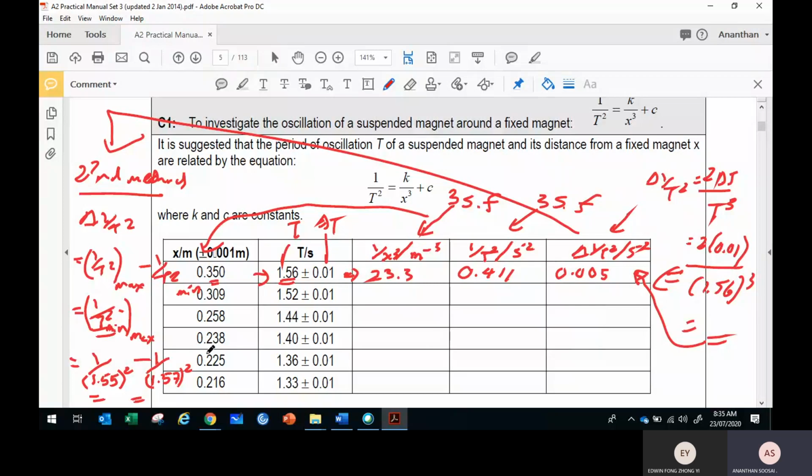This should be around 0.005. How much did you get? 1 over 1.55 squared minus 1 over 1.57 squared.